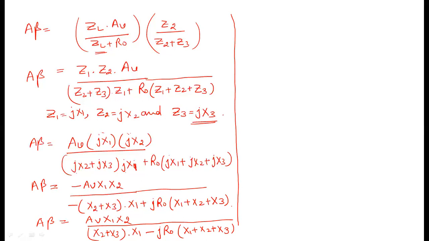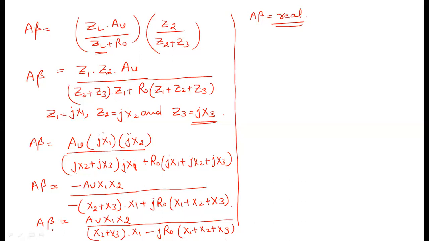Now, since we know that the loop gain, that is A beta, is real for an oscillator, its imaginary terms should be equal to 0, and in this whole expression this is only the imaginary expression.